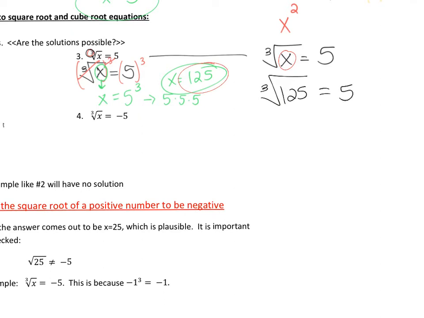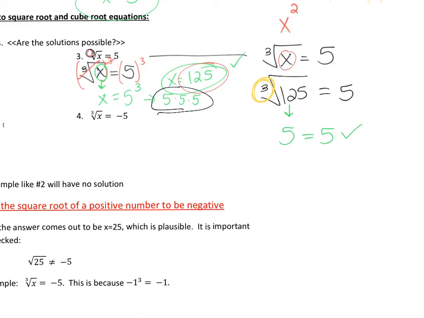And now to find the cubed root, we need to find one number that is multiplied 3 times to get 125, okay? And we know that we just multiplied 5 times 5 times 5. So we're multiplying 5 3 times to get 125. So that is what's going to plop out: 5 equals 5. Now this checks. So we know that x equals 125 is correct, okay?